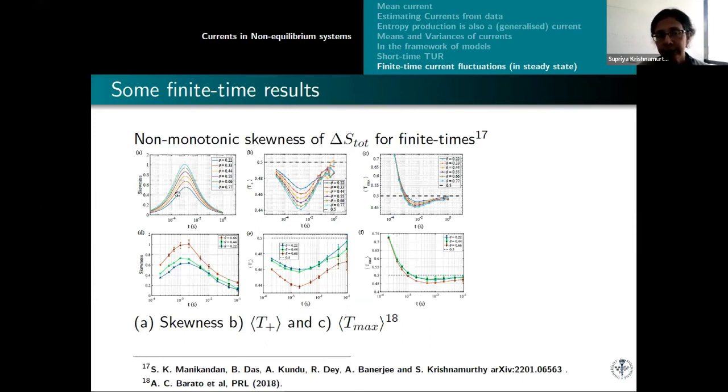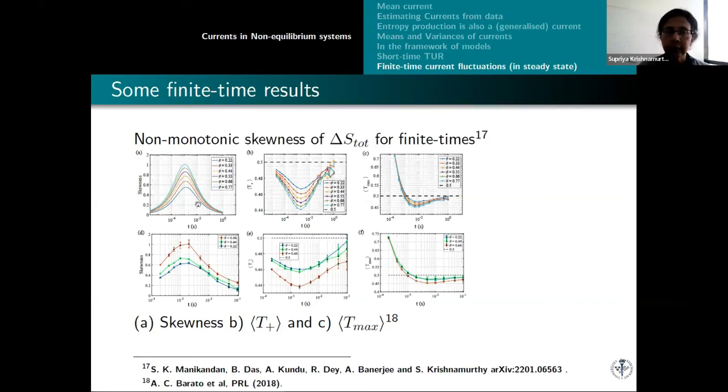So this was analytical from our expressions, and this is actually what the experiment sees too, because there was a question of whether the time at which this becomes non-monotonic is so small that you can't see it in experiments, but actually we can. And the skewness has an interesting consequence, and that's how we originally thought about it.